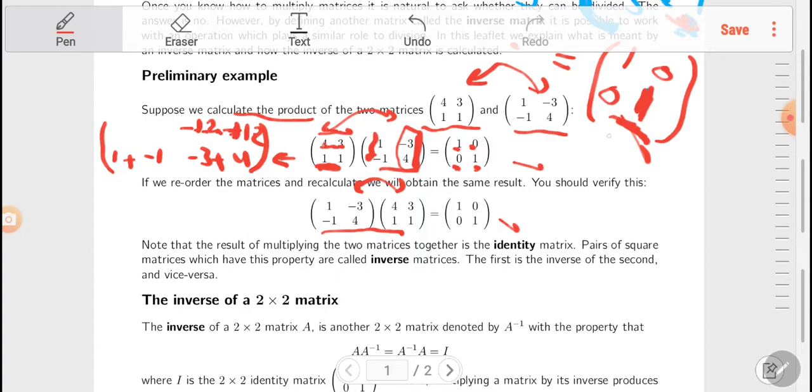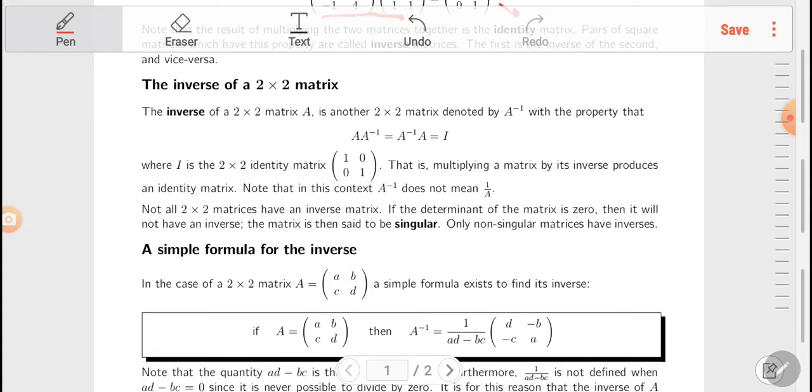If the product becomes [1, 0; 0, 1], we call them inverse to each other. Now, if we have a matrix A, its inverse we can call A negative 1. The product of them must equal I, where I is the multiplicative identity.